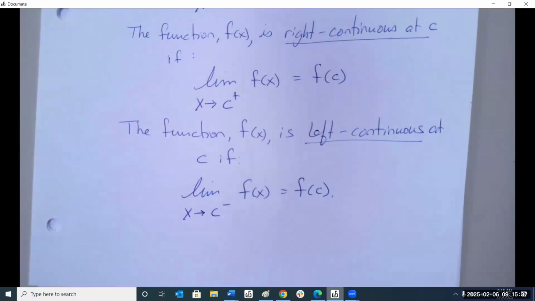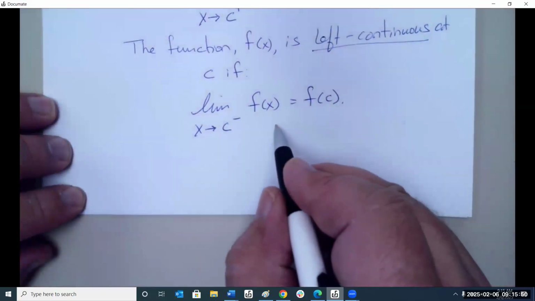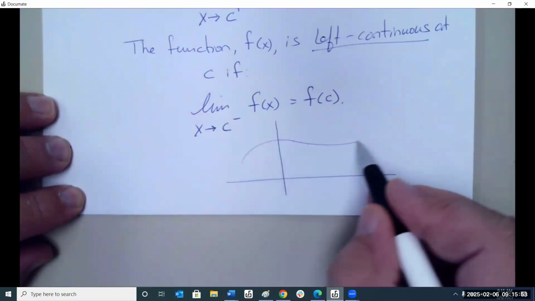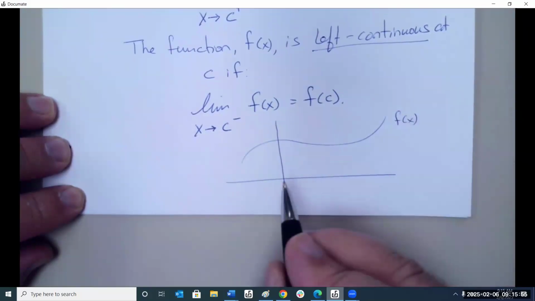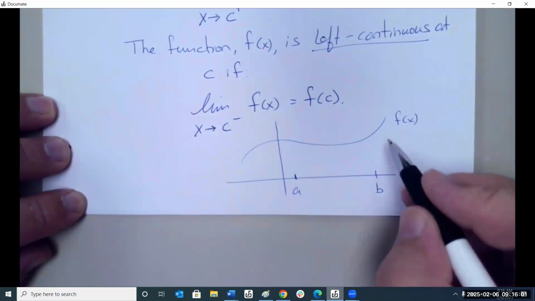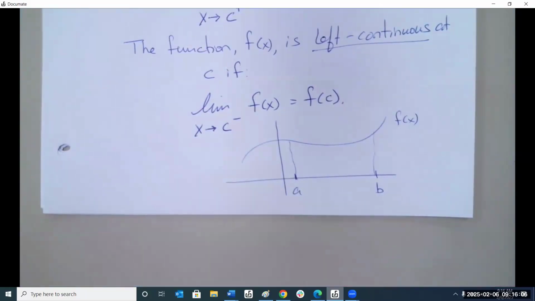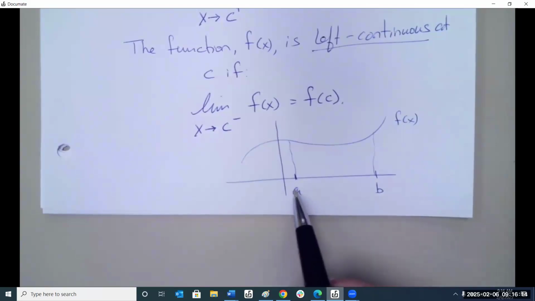So what do those three definitions actually tell us? Think about it. If we had a function, f of x, and it's defined on our interval AB, where is C? C can be anywhere.